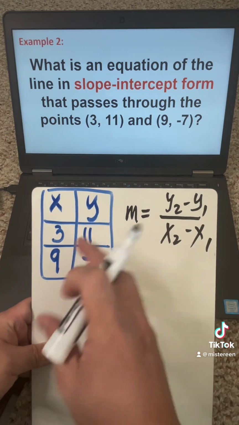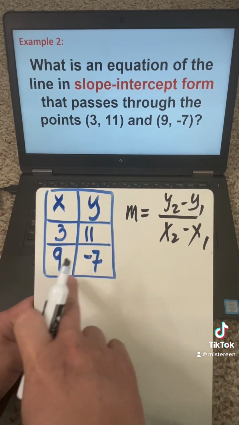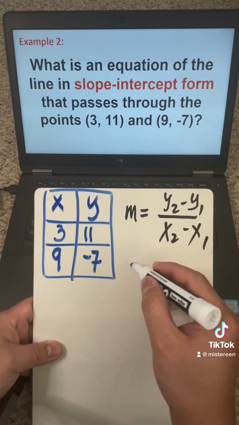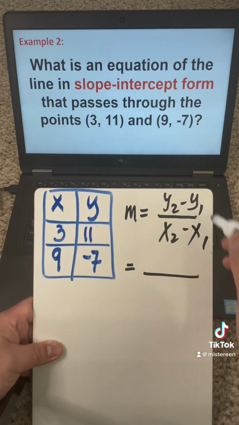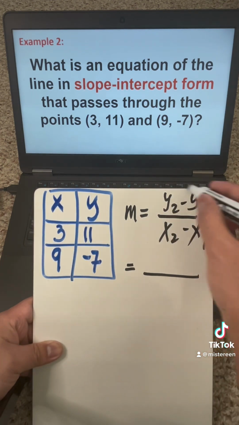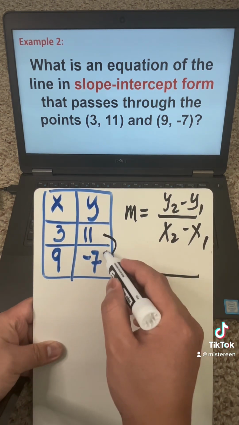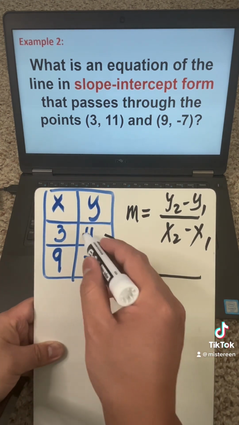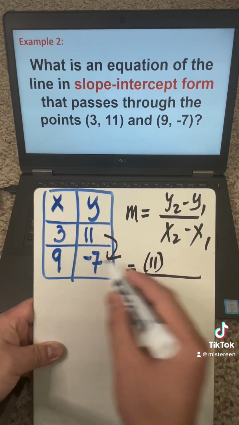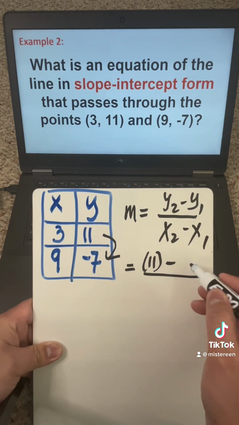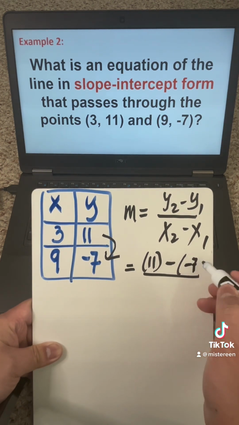Now, if we go back to the information that we have, 3, 11, and 9, negative 7, and follow the formula for slope, it's a fraction. At the top are your y's, so we subtract them: 11 in parentheses minus parenthesis negative 7.